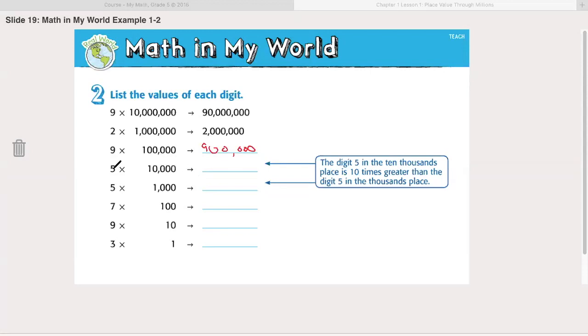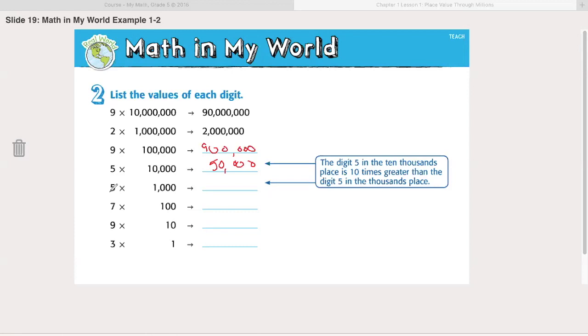The 5 in 92,955,000, the first 5 there is in the 10,000s place. It is worth 5 times the place value of 10,000. So it is worth 50,000.